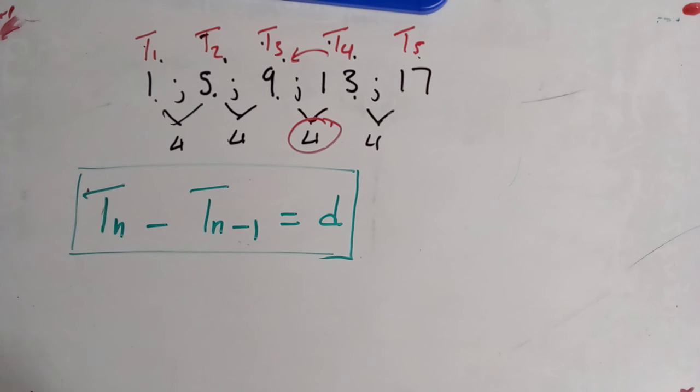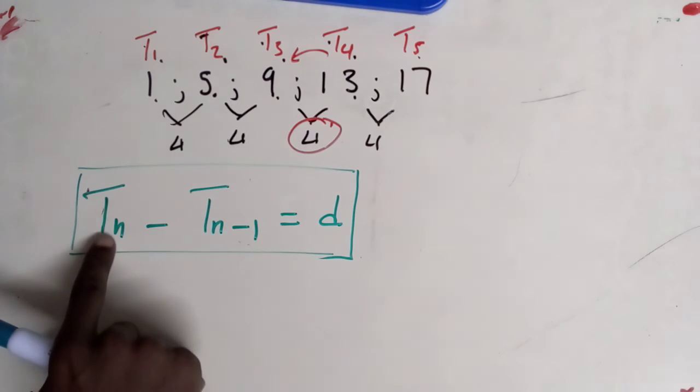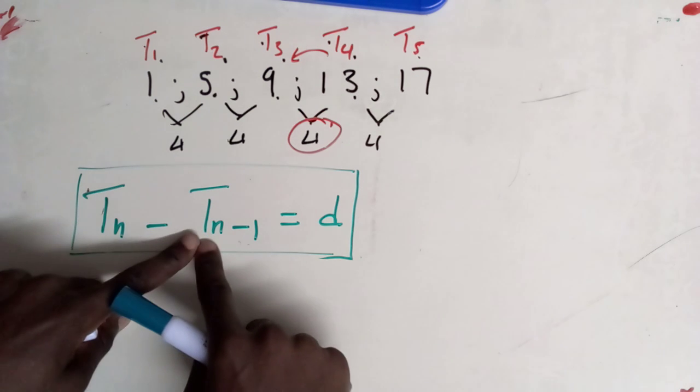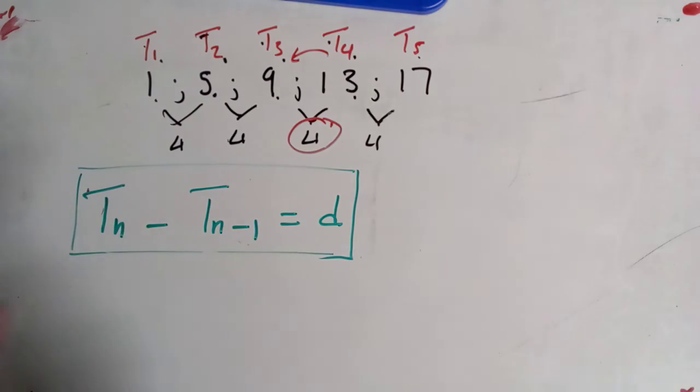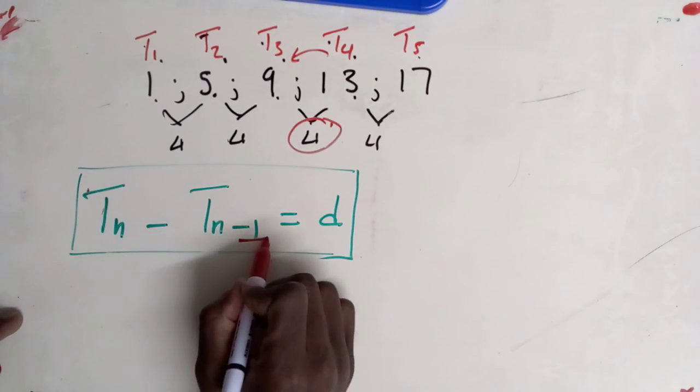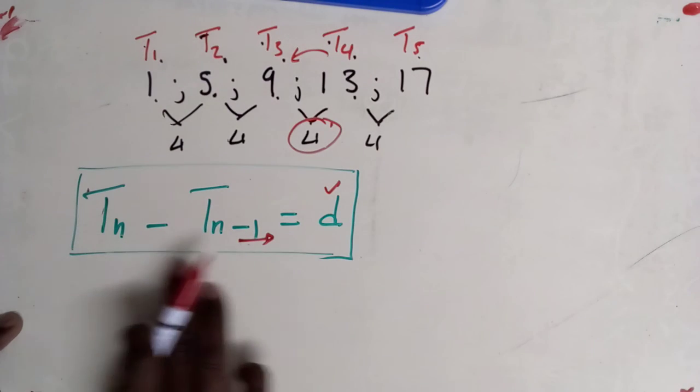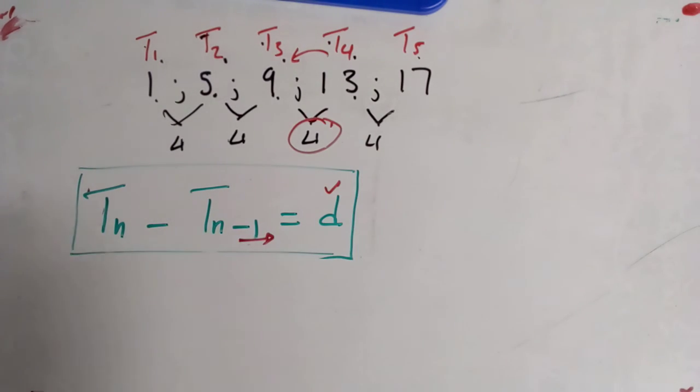Try to make sense of the equation and make sure you understand it. We take a particular term, we subtract its previous, and we get D. Take this equation and put it in your equation box. It will help you.